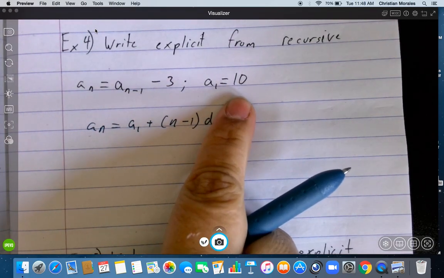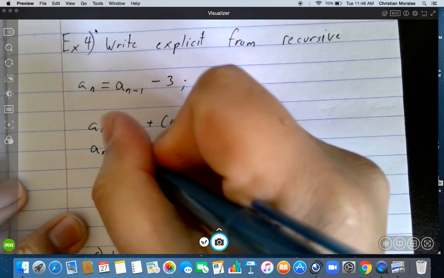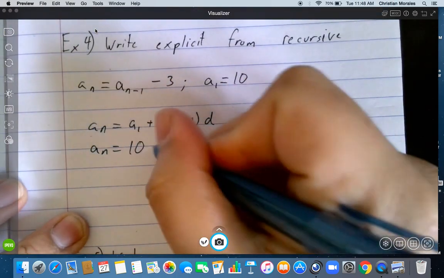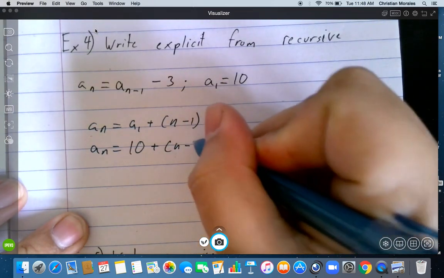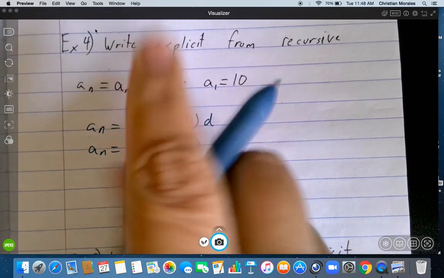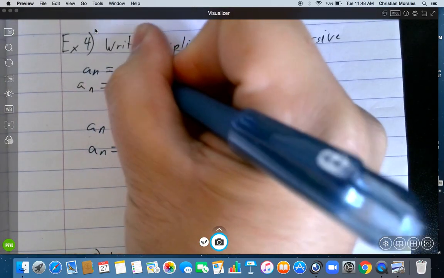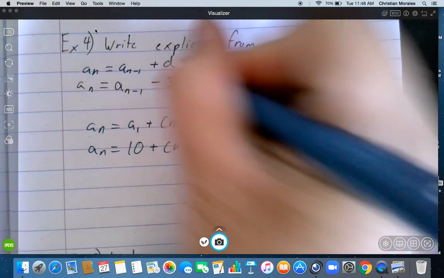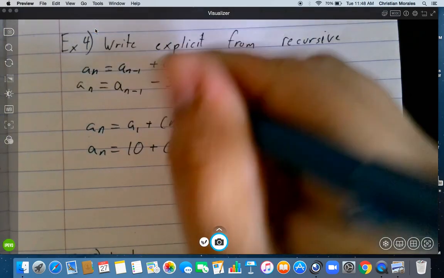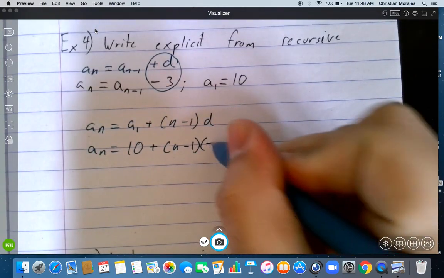Well, you need the first term. So we need that. Okay. The next thing we need is the common difference. So remember, this formula, the recursive, you only plugged in one number, D. This was the common difference. So right here, we're putting in -3.